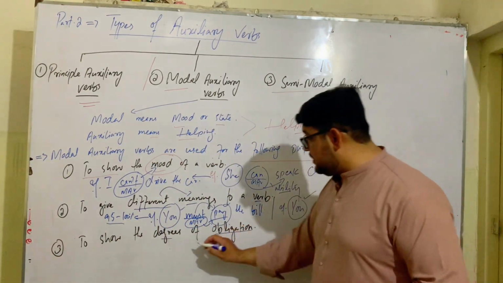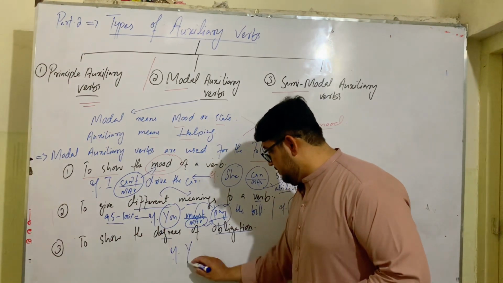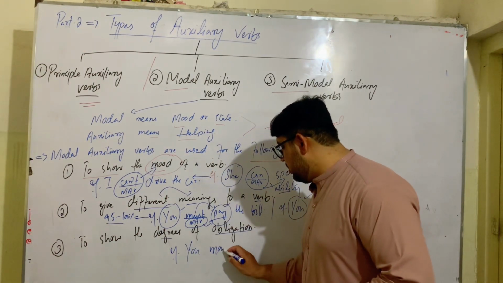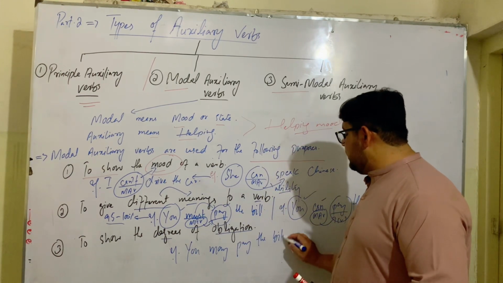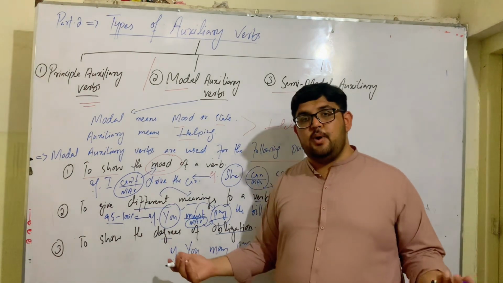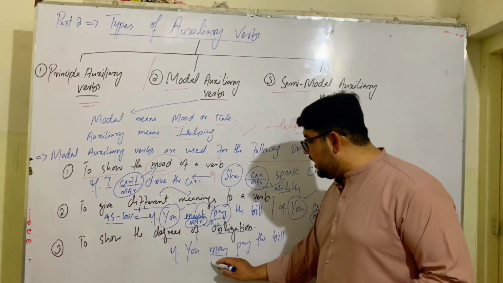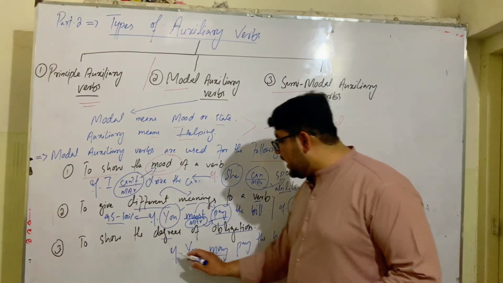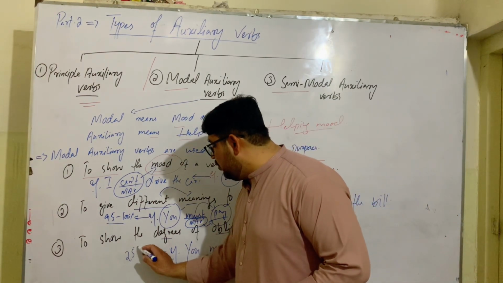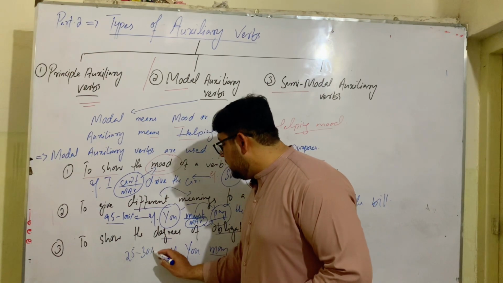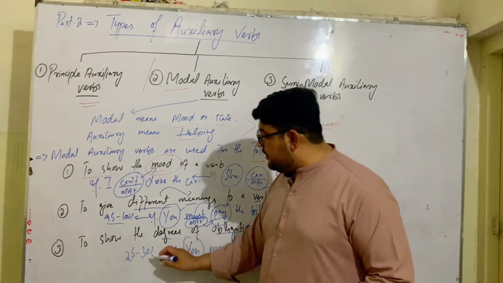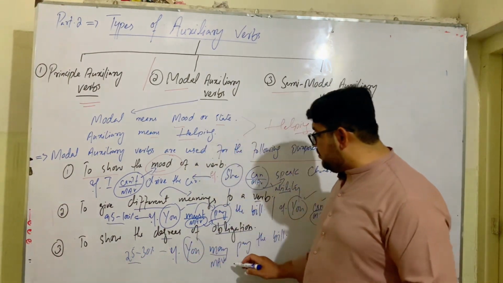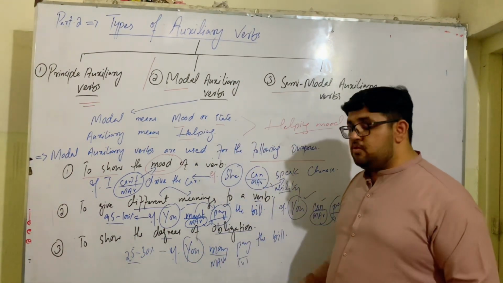And if I use another, like I just said that you may pay the bill. So here may is a modal auxiliary verb and it shows around 25 to 30% degree of obligation. It means the subject is 30% or 25% obliged to perform the verb.